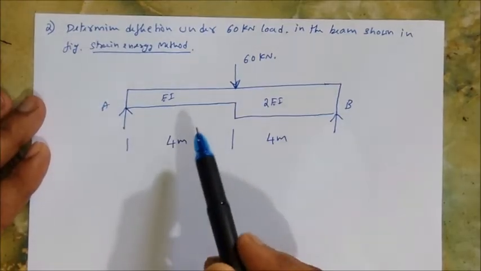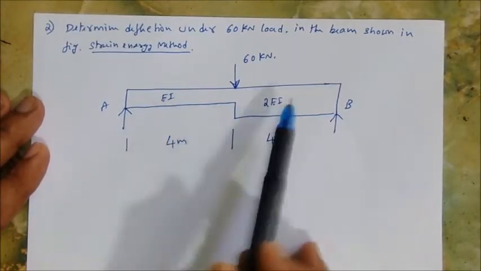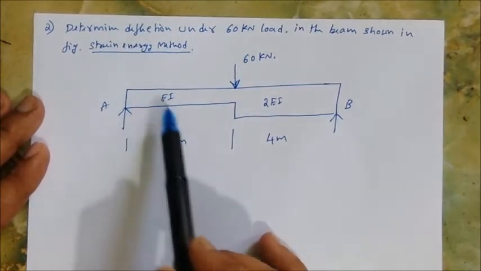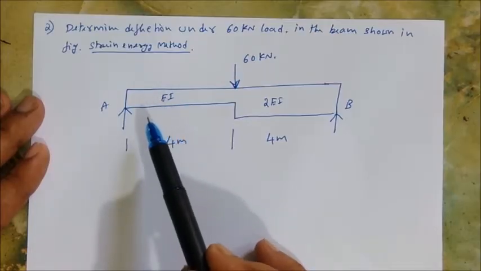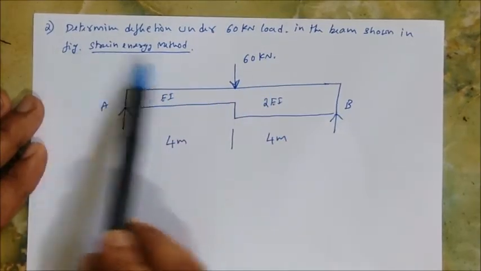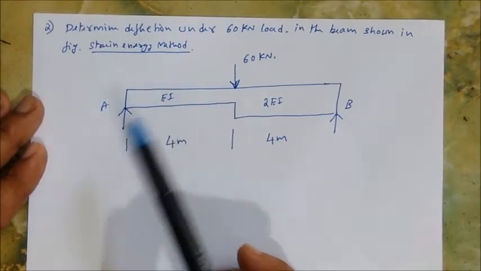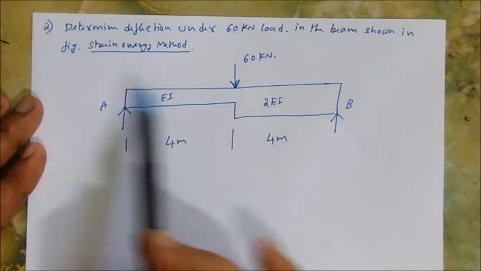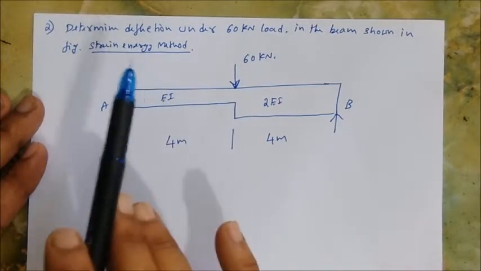Now one more important thing here: by using the direct strain energy method, I'm not going to calculate the slope. That is not possible, so we need to modify that method. I'm not going with the modified one, I'm using the straight strain energy method.